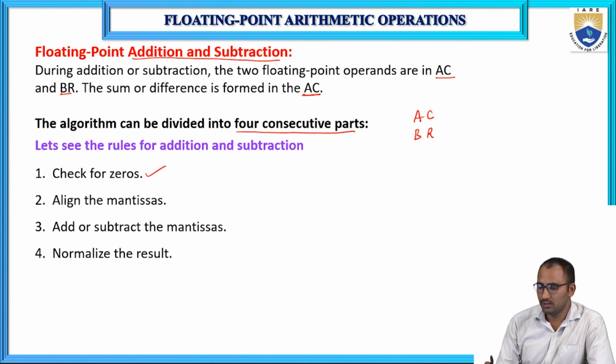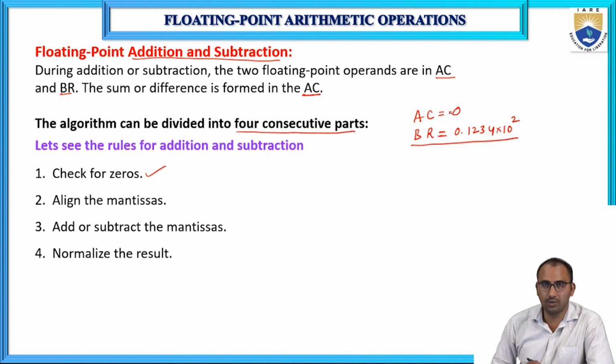See here, these are the two registers we are using. Suppose AC contains a zero value and BR contains some value like 0.1234 into 10 to the power of 2. If the AC value is 0, that means one of the inputs is 0.